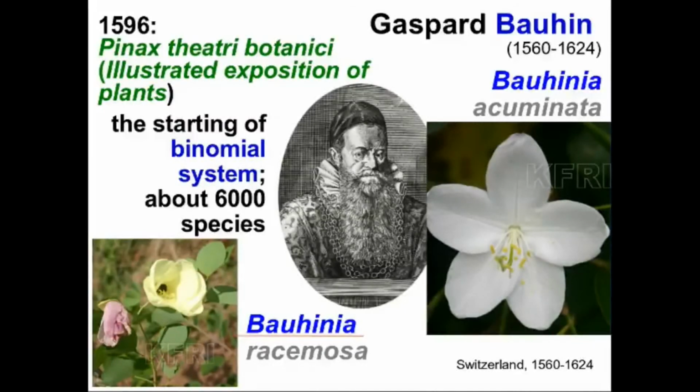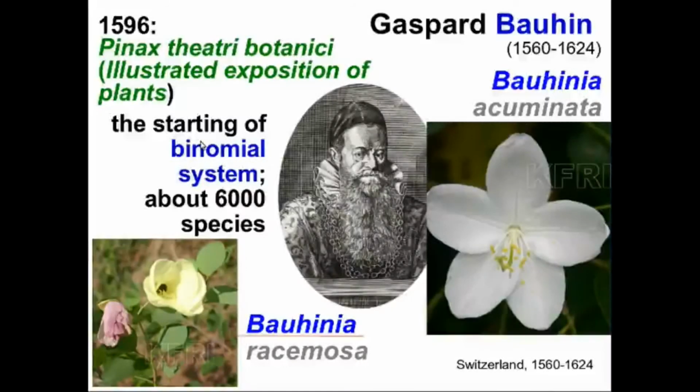But we can trace back to the history of botany, and we could see that Gaspard Bauhin, a Swiss botanist, started using the binomial system. But he is not considered the father of taxonomy. Why? Because in 1596, he published a book in which he used binomials for more than 6,000 species.